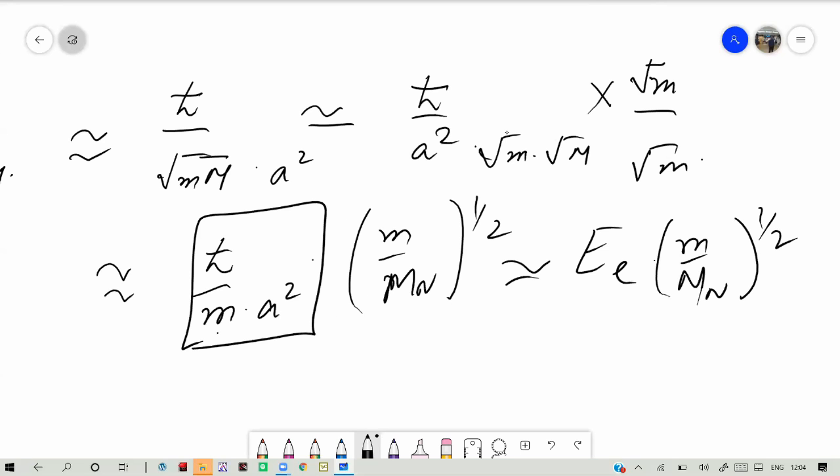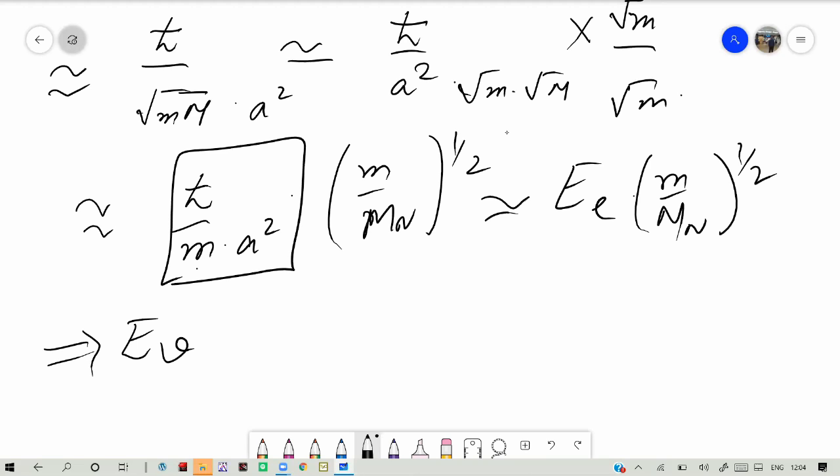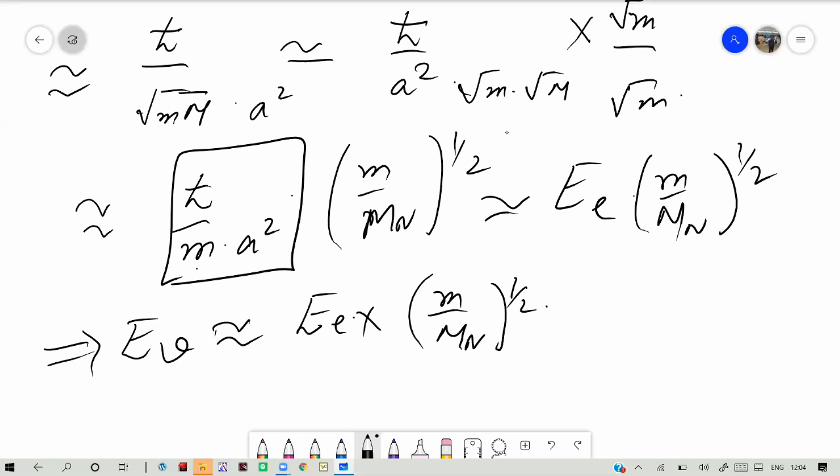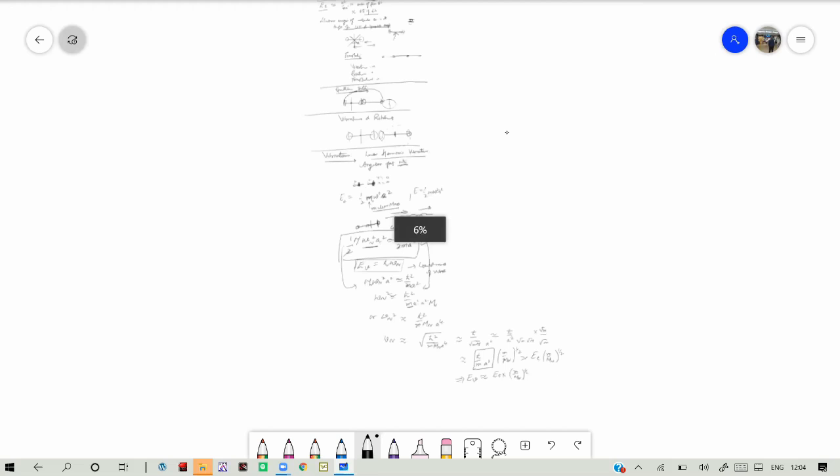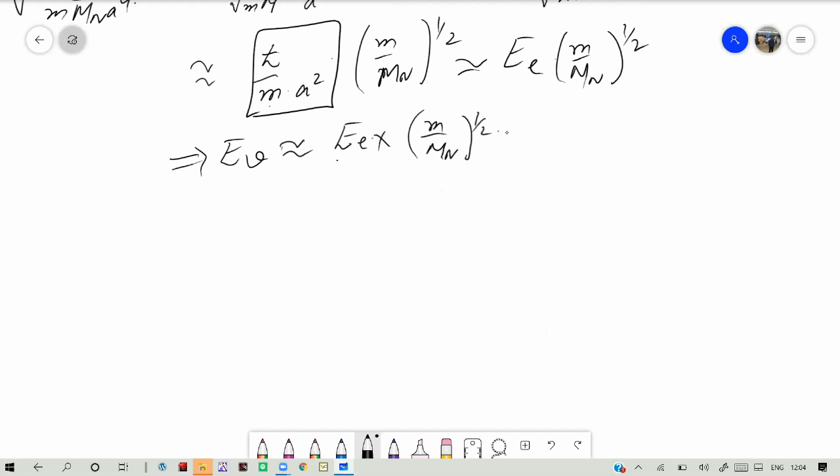So it implies that the vibrational energy for the lowest mode of vibration is approximately equal to E times this value, the square root of m by m n. And if you see, E is of the order of a few electron volts, 1 electron volt, 2 electron volt, 3 electron volt.